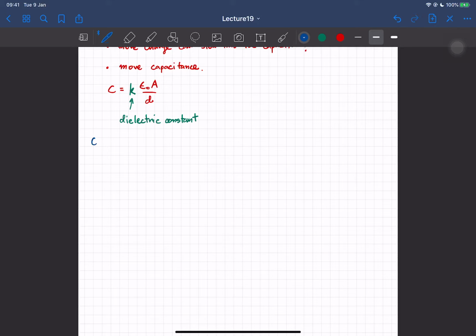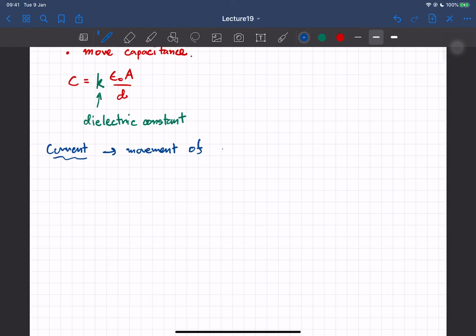So what is the current? Current is essentially just movement of electric charges.